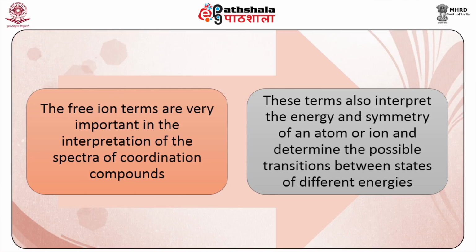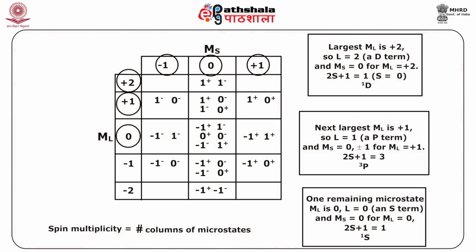states of different energies. Now, in order to reduce the microstate table to its constituent atomic terms, first of all, we have to look for the terms for the largest ml values and associated with it the largest values of ms. By this means, we get three free ion terms represented in the microstate table in the figure.